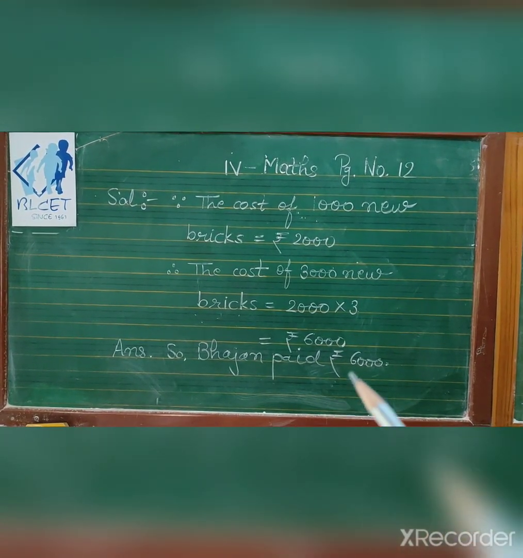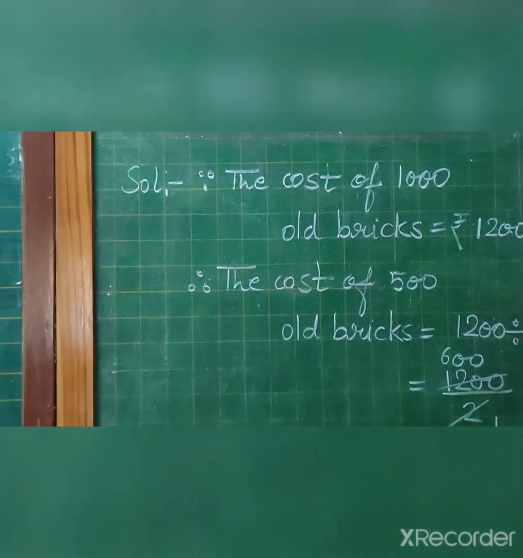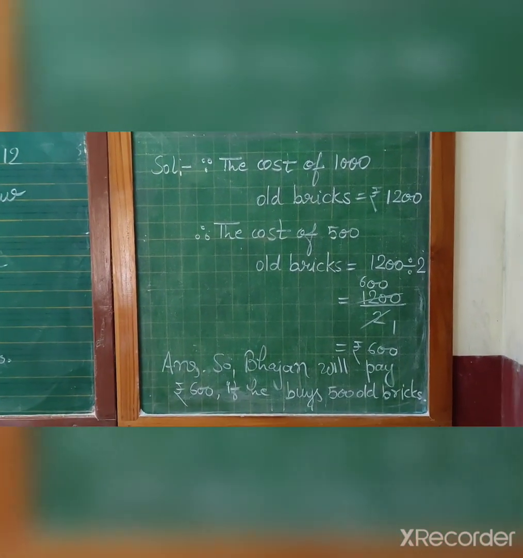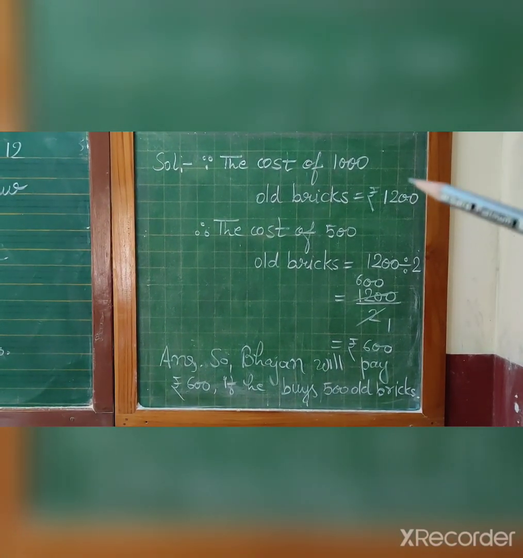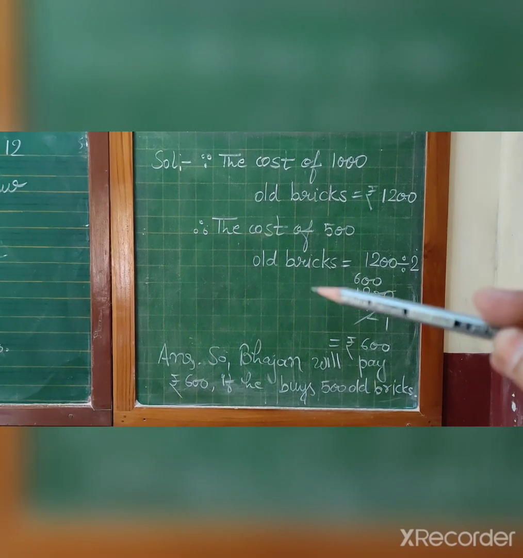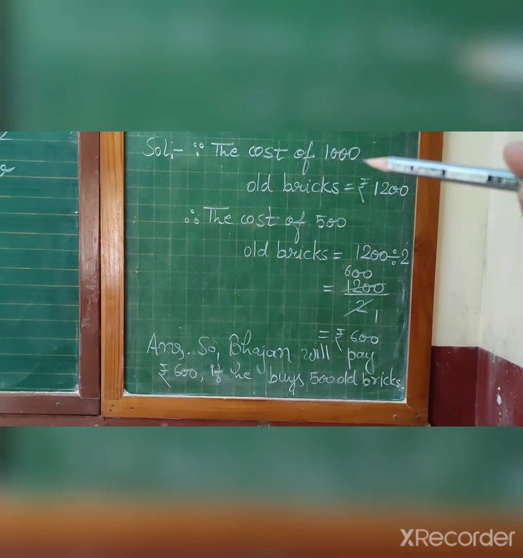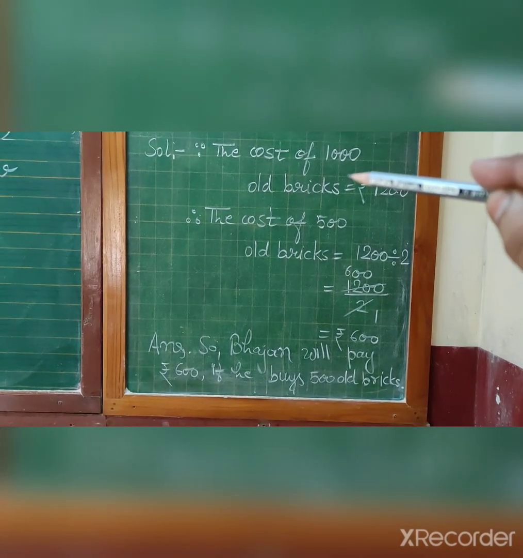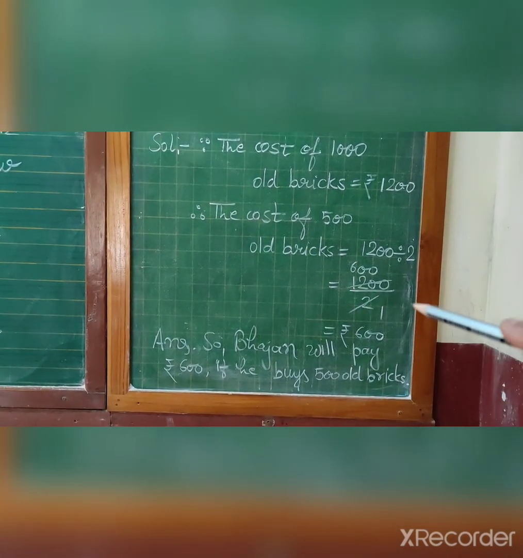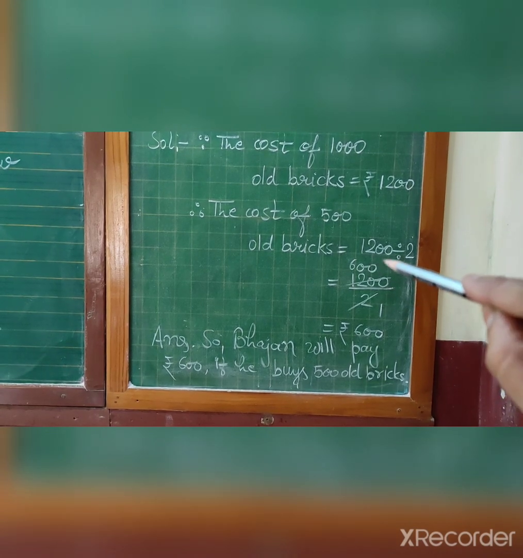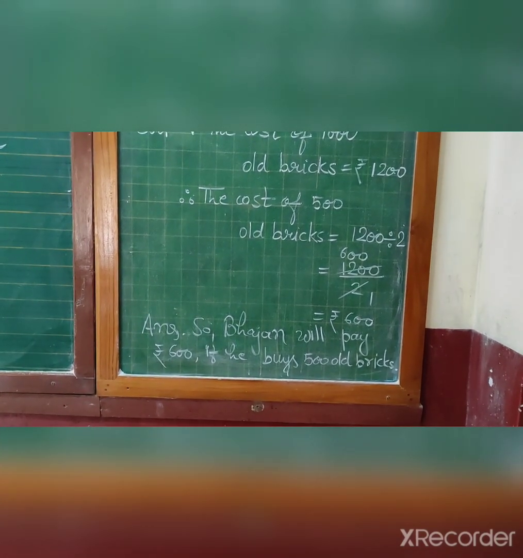So Bhajan paid rupees 6000. Now if he buys 500 old bricks, the cost of 1000 old bricks is equal to rupees 1200. Then the cost of 500 old bricks is equal to 1200 divided by 2, because 1000 divided by 2 gives 500. So 2 sixes are 12, 00 as it is. So Bhajan will pay rupees 600 if he buys 500 old bricks.